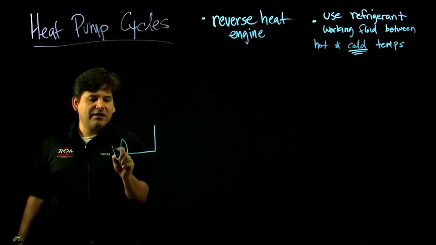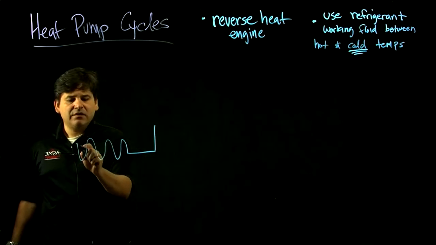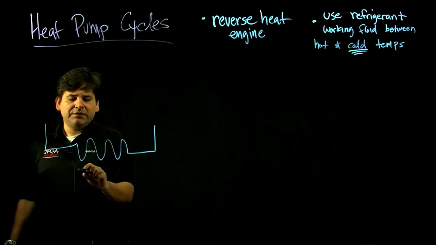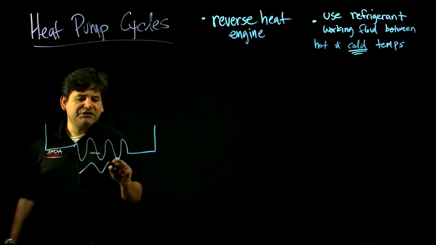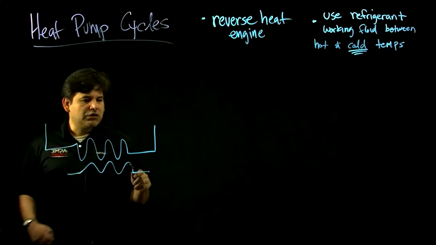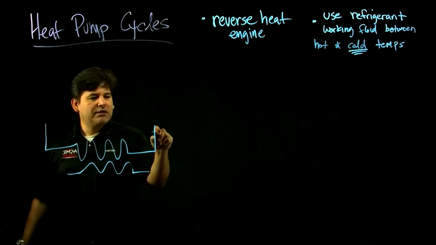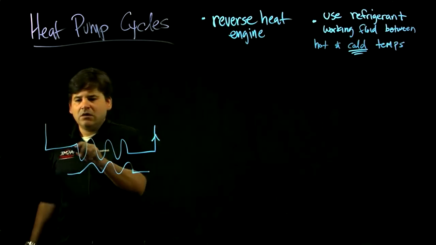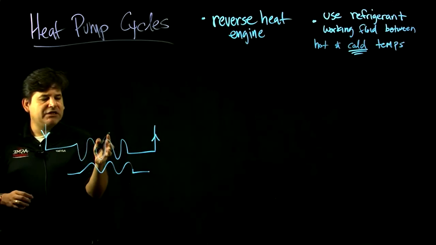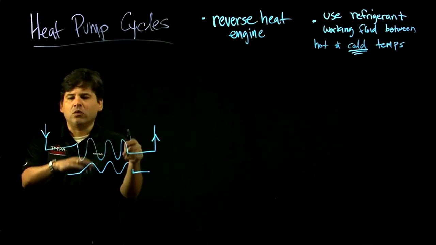You have to have some heat transfer at low temperature. So this would be a heat exchanger. So here is a working fluid, and this is where the heat transfer occurs at low temperature for the working fluid.